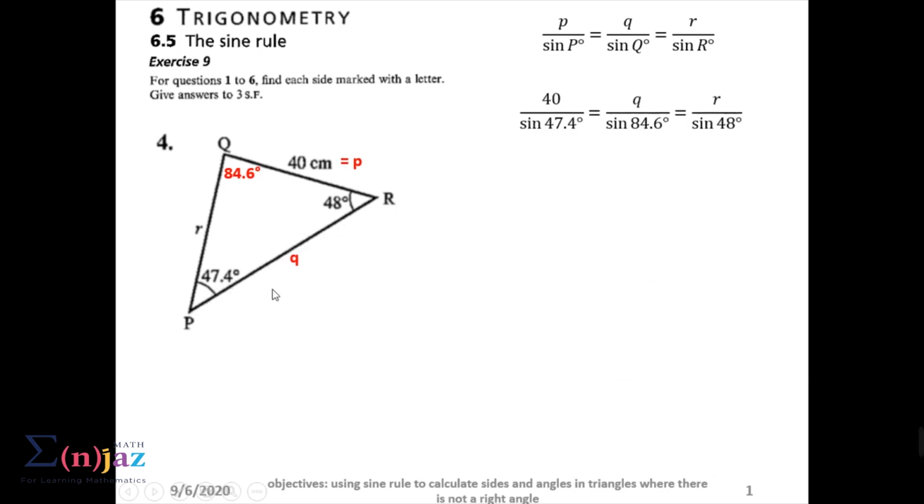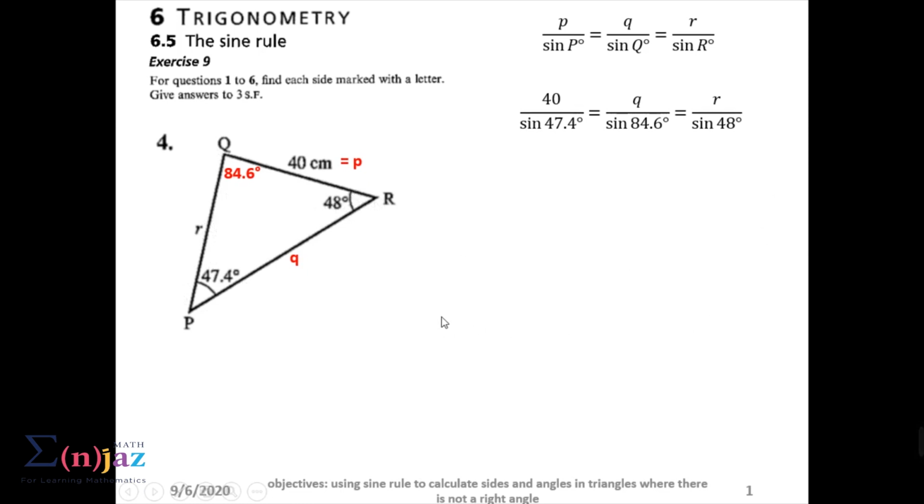And if we want to substitute, P small is equal to 40 over sine 47.4, Q is my unknown side over sine 84.6, is equal to side R over sine angle R, which is 48.